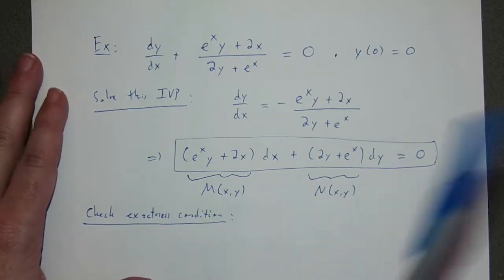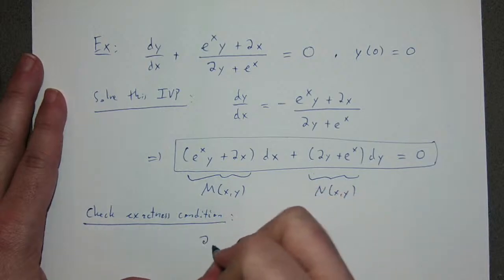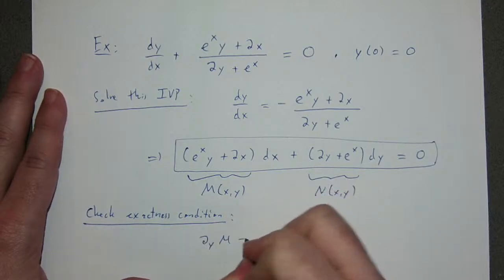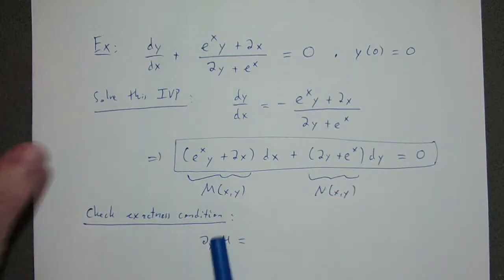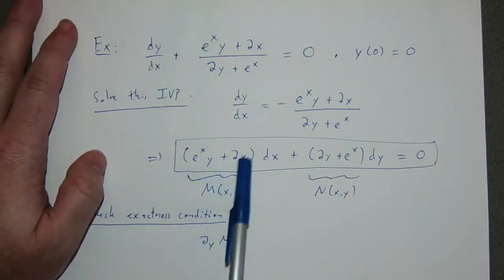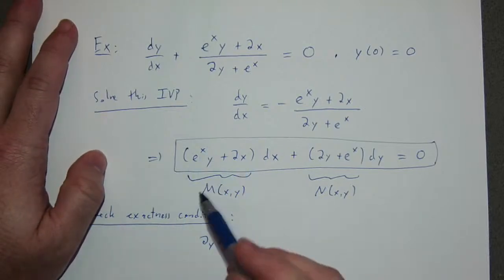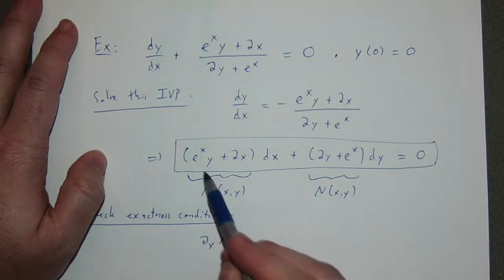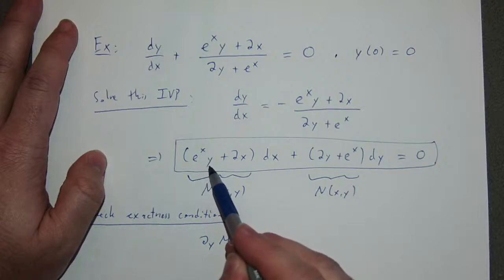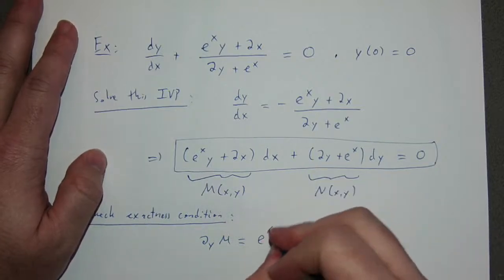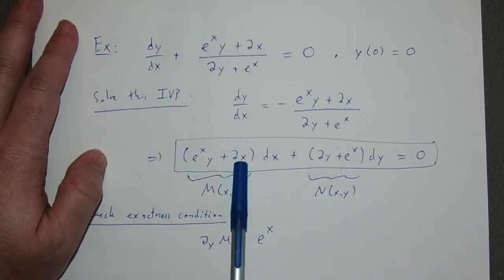So then the exactness condition, what is the y partial of M? I'm taking the derivative of this with respect to y, so I'm treating x as a constant. The derivative of e to the xy with respect to y is e to the x. The derivative of 2x with respect to y is 0, so the y partial of M is e to the x.